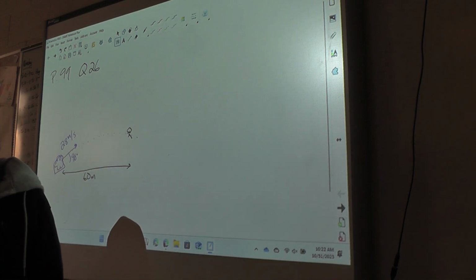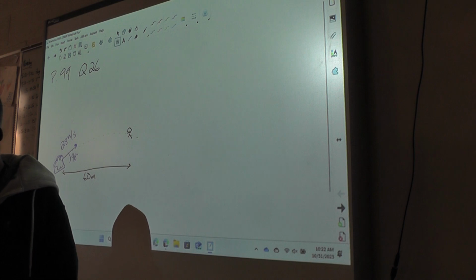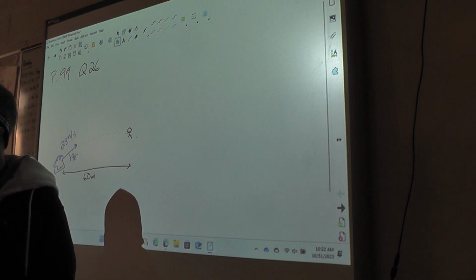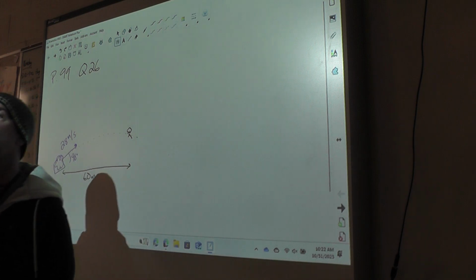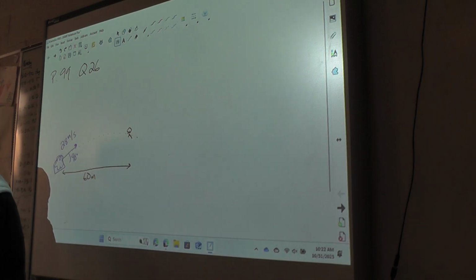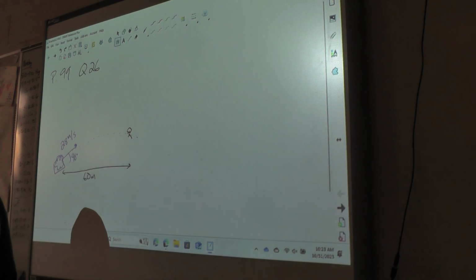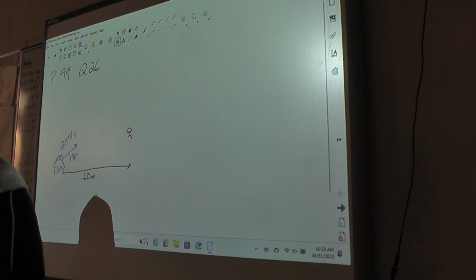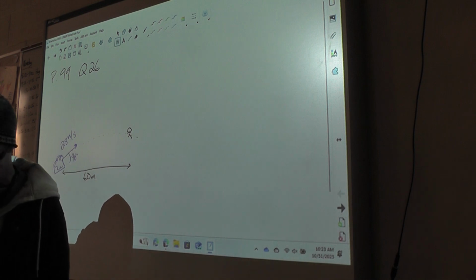And then there's two questions. One is, how long does it take the t-shirt to reach the fan? And the second is, at what height is the fan from the ground? And we don't care about either of those questions. If you use the framework that I've given you, you'll realize the specific questions they ask often are just red herrings. They're designed to make you confused about what it is that you're trying to do.